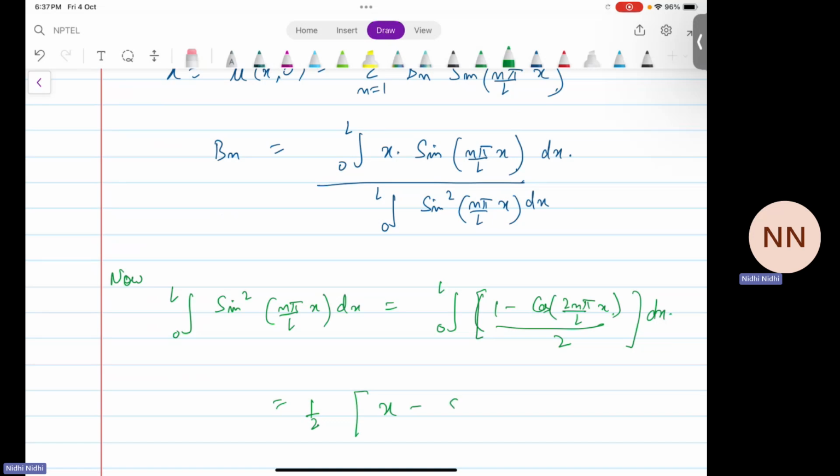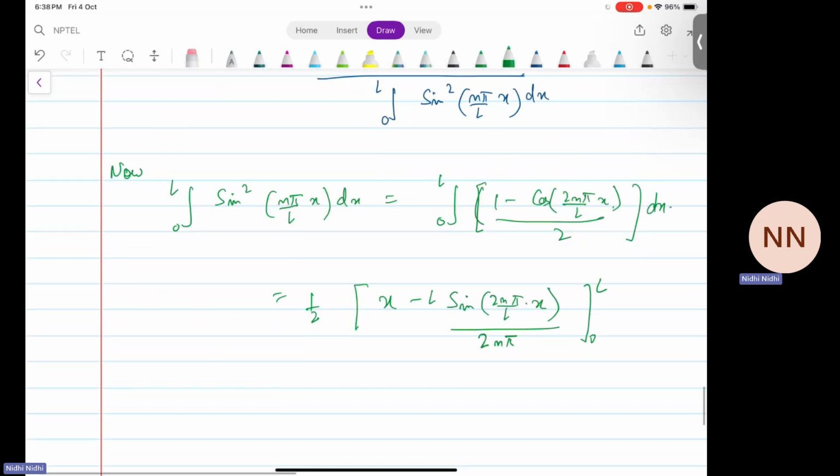So this is sine 2n pi by l times x, by 2n pi by l, from 0 to l. Now since sine 2n pi is 0 and sine 0 is 0, we are left with l by 2.